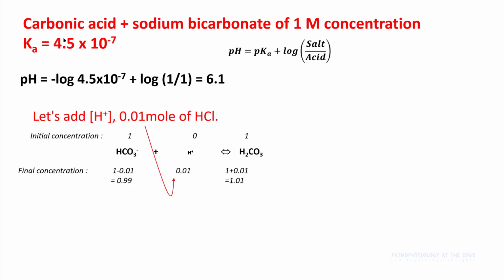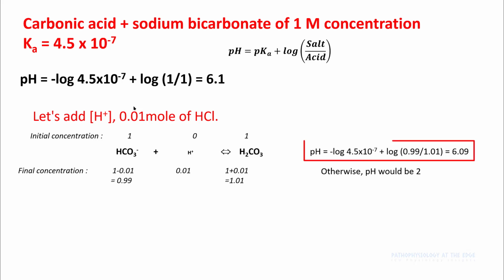If you add 0.01 mole of hydrochloric acid into this buffer, you will use the bicarbonate and convert it into carbonic acid. So your bicarb concentration will fall from 1 to 0.99, and your carbonic acid will subsequently increase to 1.01. And when you plug this into your pH equation, your new pH is 6.09. We worked this out earlier: if you add 0.01 mole of hydrochloric acid in water, the pH will be 2.